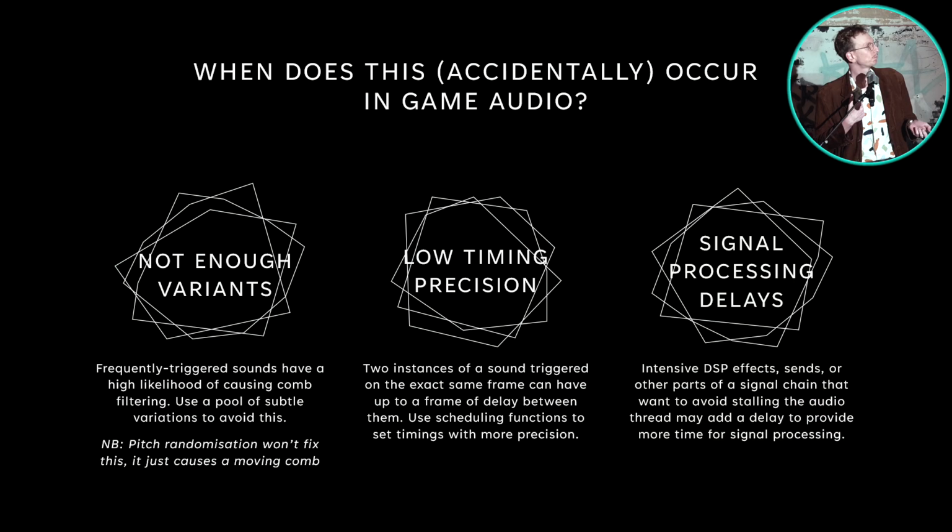And then the other thing is that when you introduce various DSP effects or routing and other stuff, it can, in order to be helpful and not stall the audio thread and cause other problems, add delays into the signal.